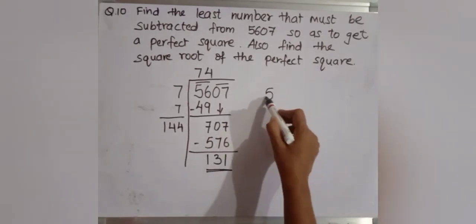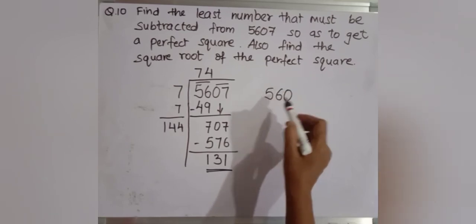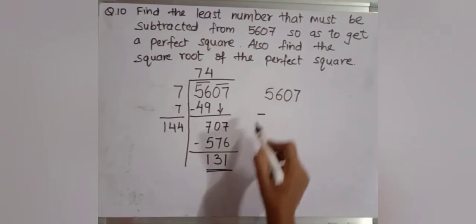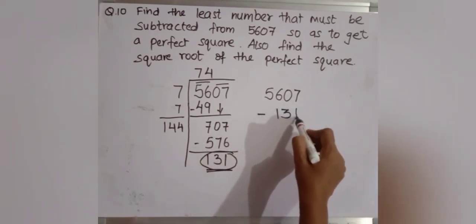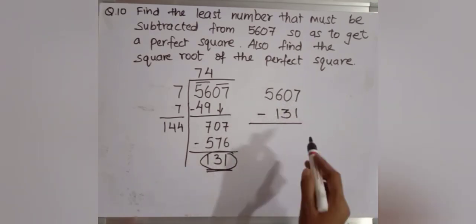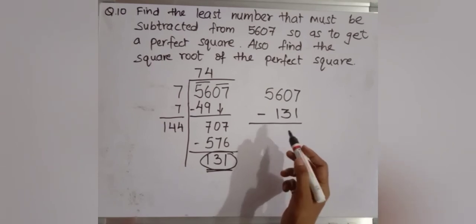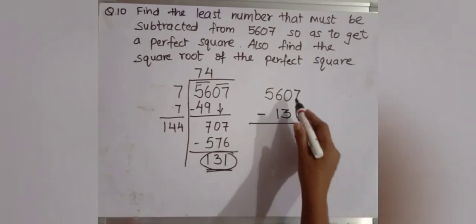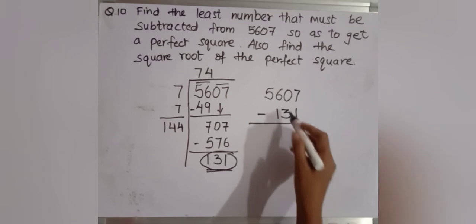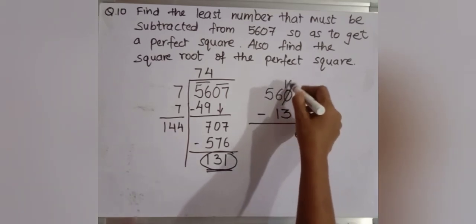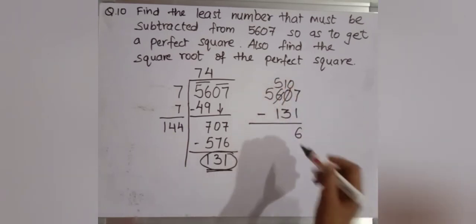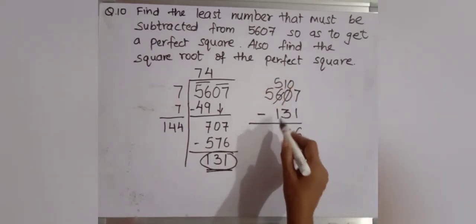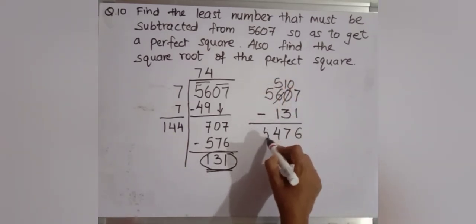And if we subtract this remainder from 5607, we will get: 7 minus 1, 6, bringing here 10, borrowing from 6, we have 5 here, 5 minus 1, 4 and 5.